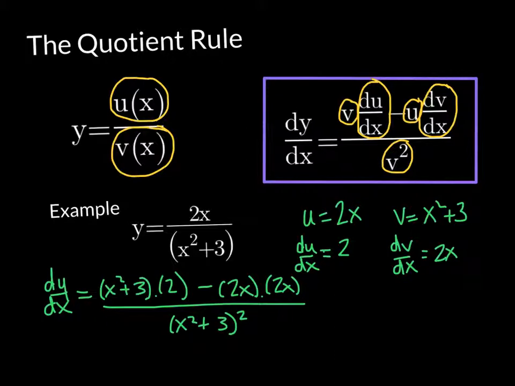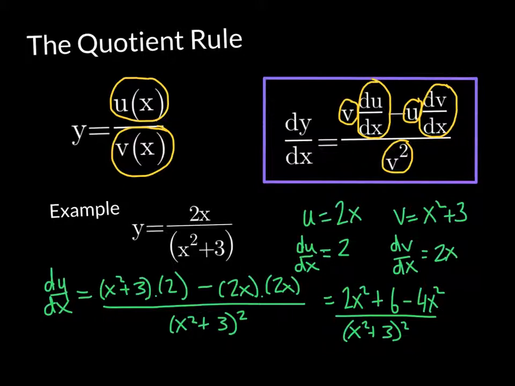Okay, so we want to tidy that up a little bit, so we can multiply out the brackets on the top, and what we end up with is 2x squared plus 6 minus 4x squared. The thing on the bottom just stays the same, x squared plus 3 all squared.